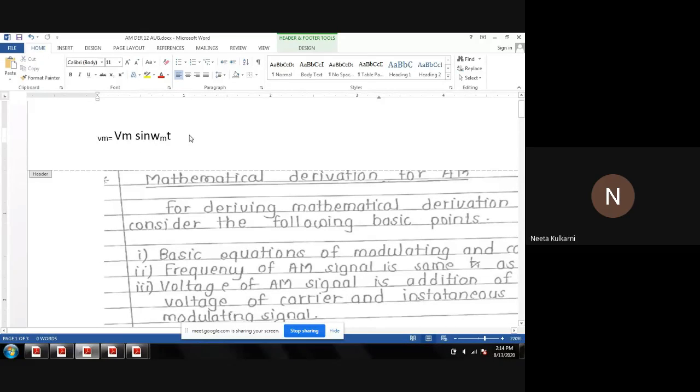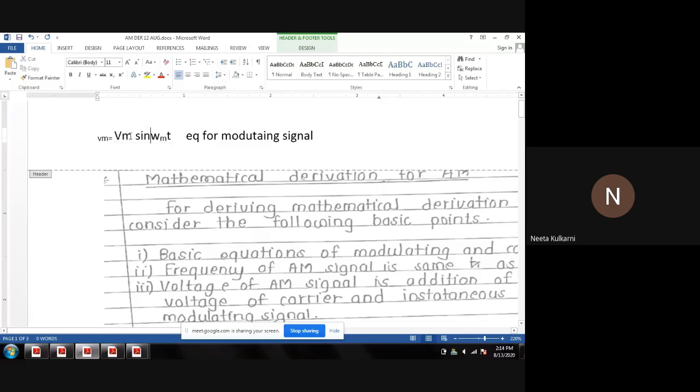This is the equation for the modulating signal. We will see what the difference is between this vm and this VM. We will discuss that, but right now you see these two points.